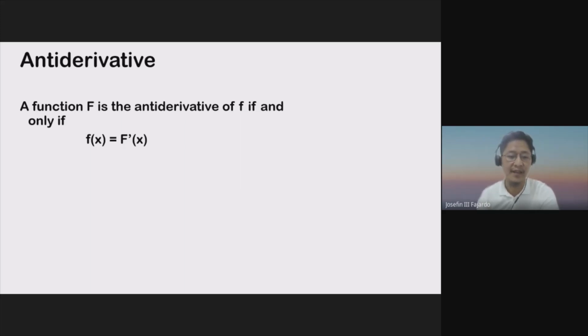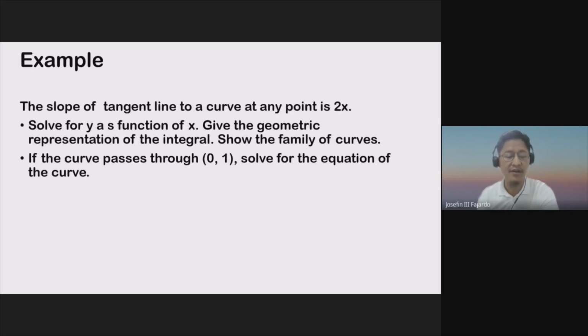So kunwari, to kind of understand this, let's have this example. When we talk about the slope of the tangent line to a curve at any point, we are considering a function wherein we try to find the original function of the slope.